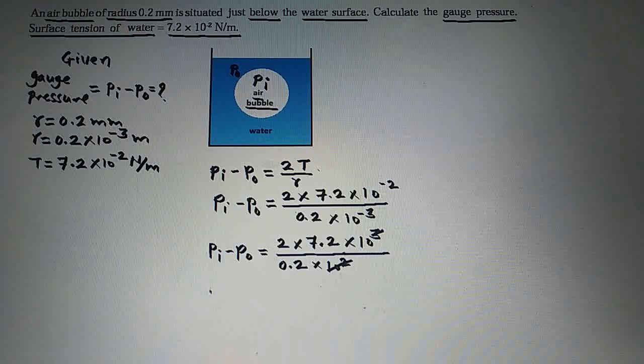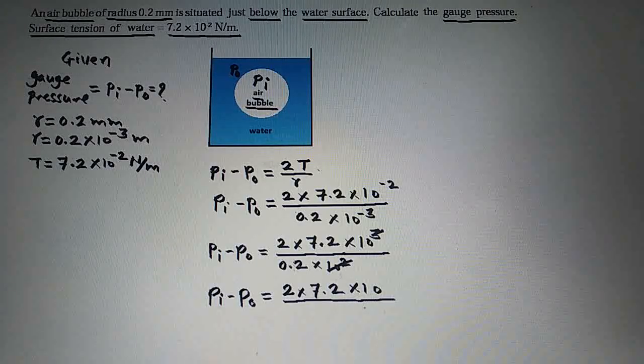Now we can write Pi minus P0 is equal to 2 into 7.2 into 10 divided by, we can write 0.2 as 2 divided by 10.